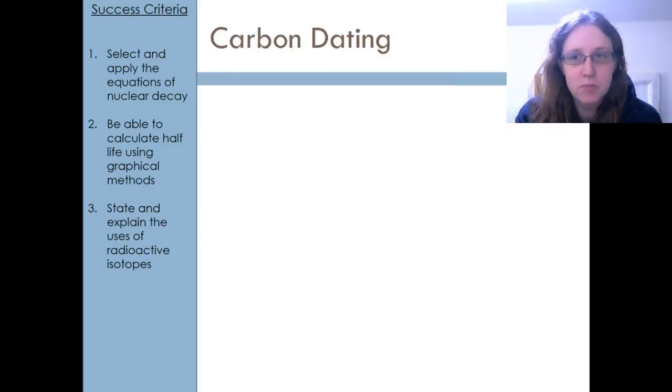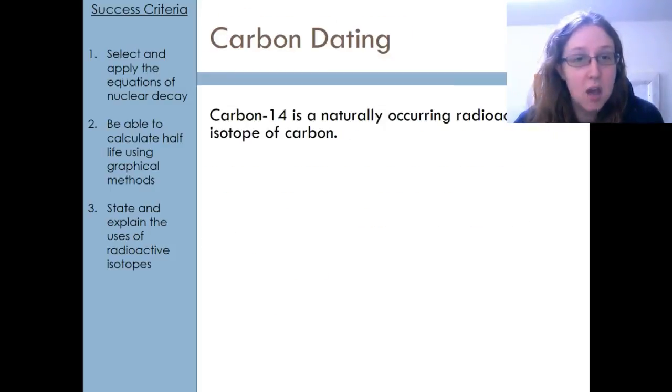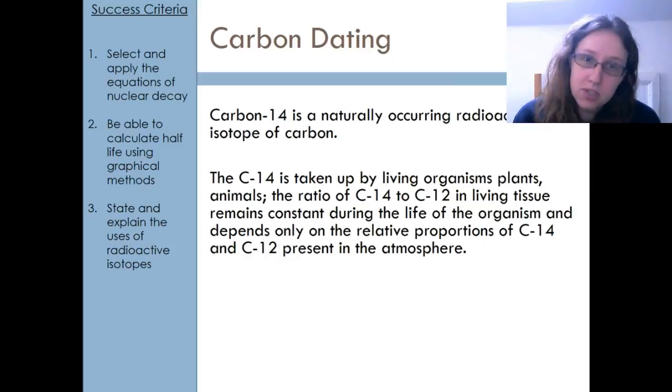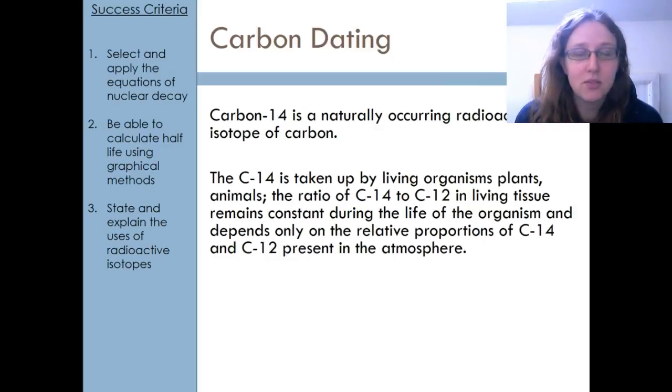So carbon dating uses carbon-14, which is naturally occurring, and carbon-14 gets taken up by all living organisms. The ratio of carbon-14 to carbon-12 will stay constant for the entire time that organism is alive, because it's constantly taking in carbon, and that ratio is the same as in the atmosphere.